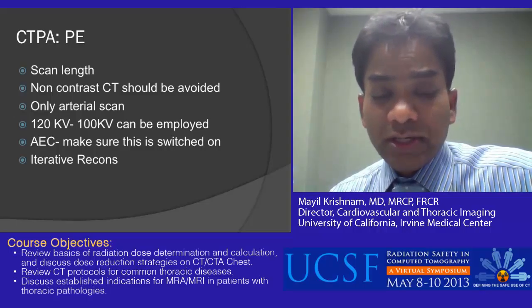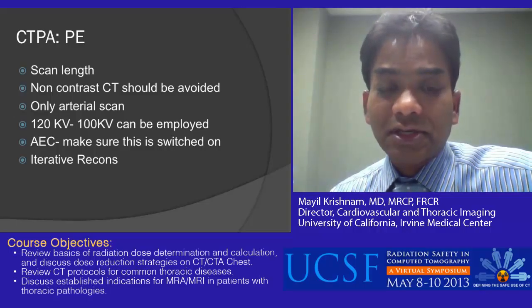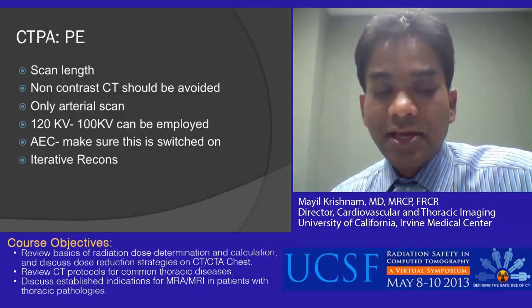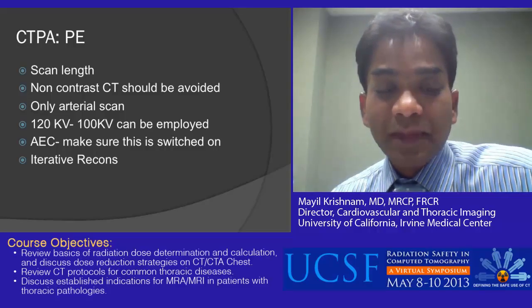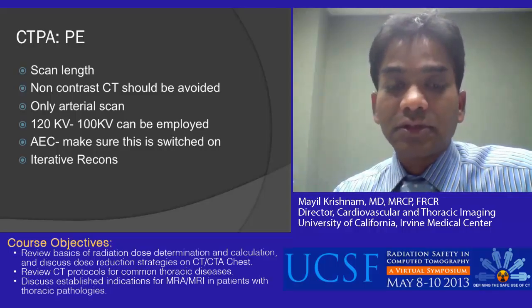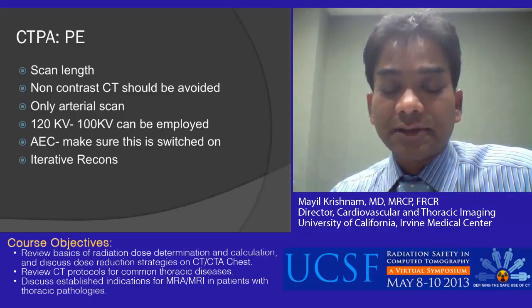You don't need non-contrast CT for this indication. We should perform only an arterial scan, and usually we perform with 120 kV, but nowadays we can try a 100 kV technique. And we should make sure that other dose reduction strategies such as tube current modulation and iterative reconstruction software are available for this study.